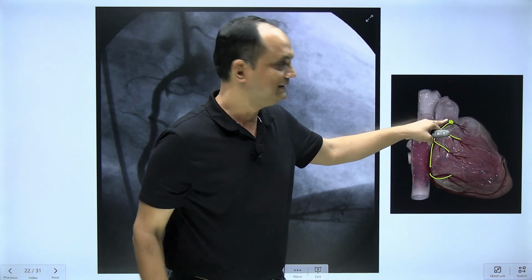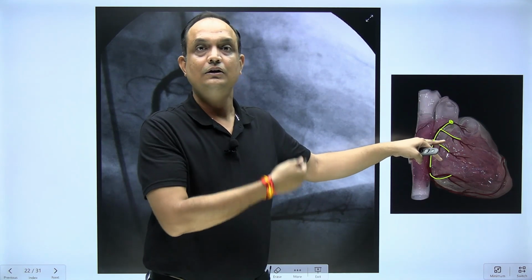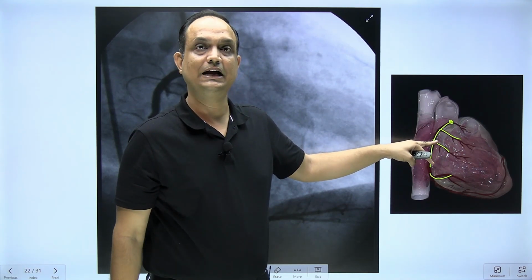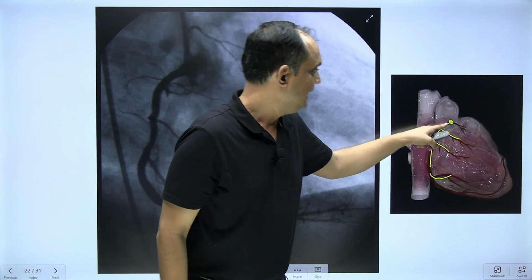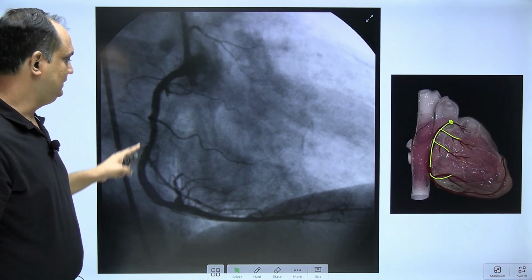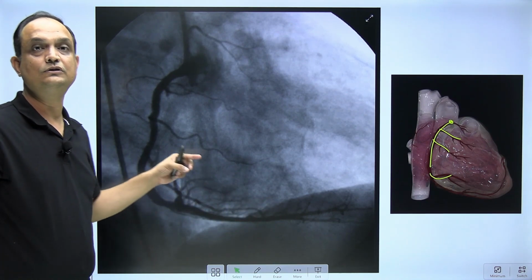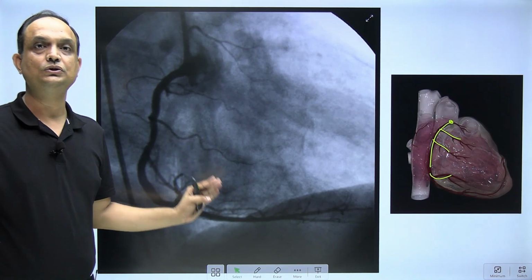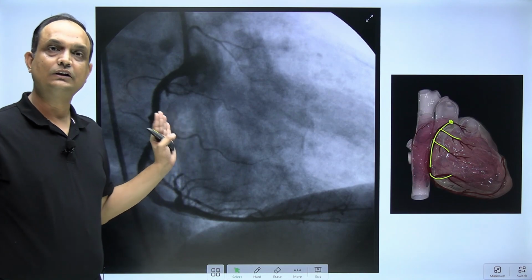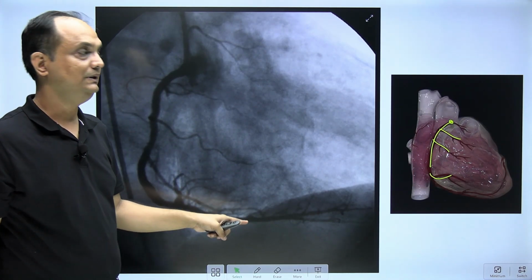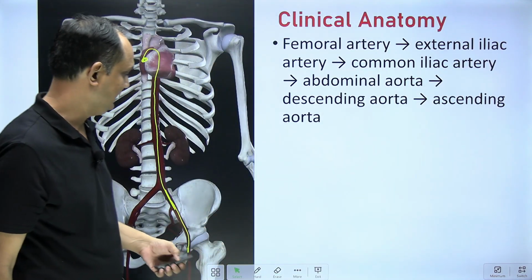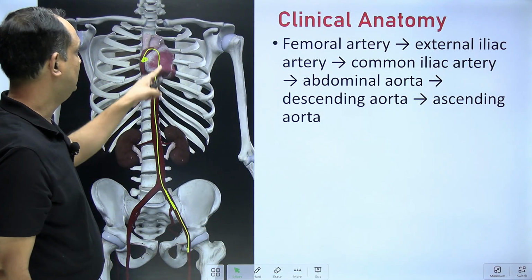So once you inject the dye through the catheter which has already been put inside the aorta by passing through the femoral artery, and when you take the X-ray it will appear like this. So this is your coronary angiography, and for the angiography how does this dye enter? The dye enters by passing through a catheter from the femoral artery.